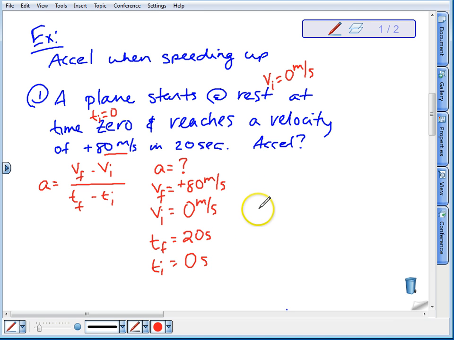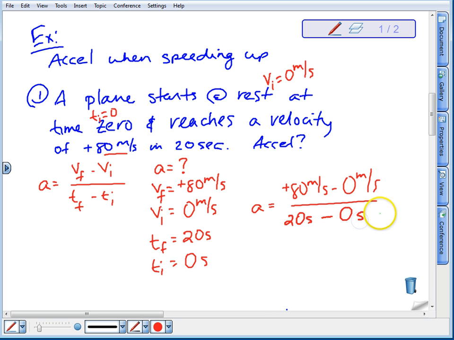So then we can plug in A equals 80 meters per second minus 0 meters per second over, now we plug in our time, 20 seconds minus 0 seconds. So then we get 80 minus 0 is still 80. 20 minus 0 is still 20.